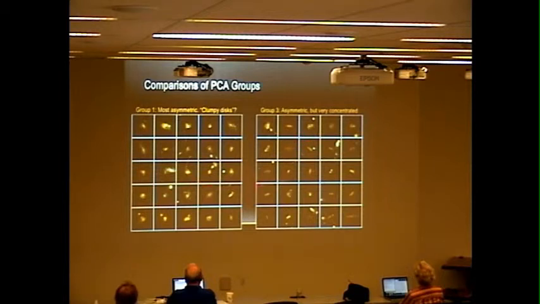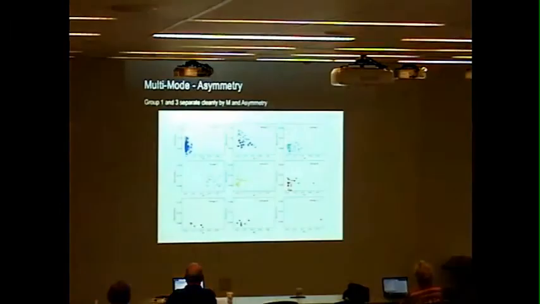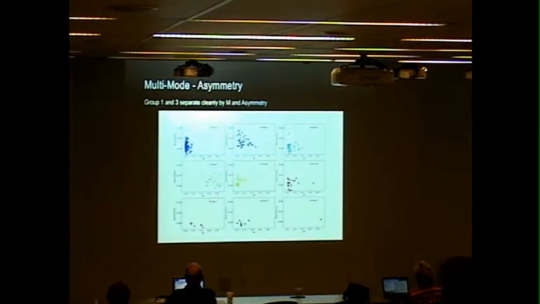You can see the differences between these two. The group 3 ones are also very concentrated and small at the same time. But what's also interesting is that the multimode statistic, in addition to asymmetry, cleanly separates these two groups from each other.